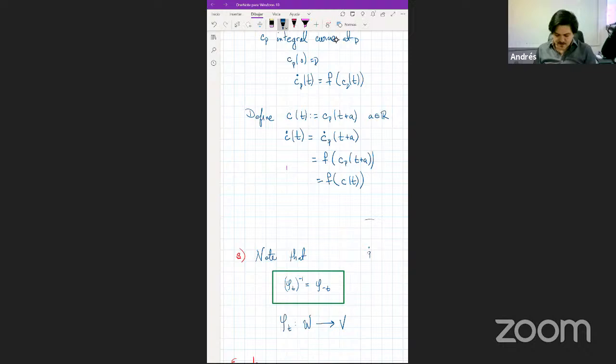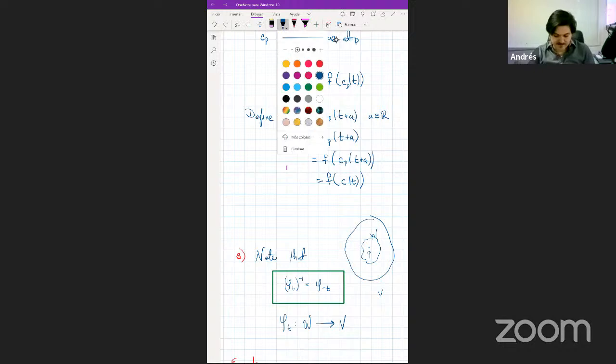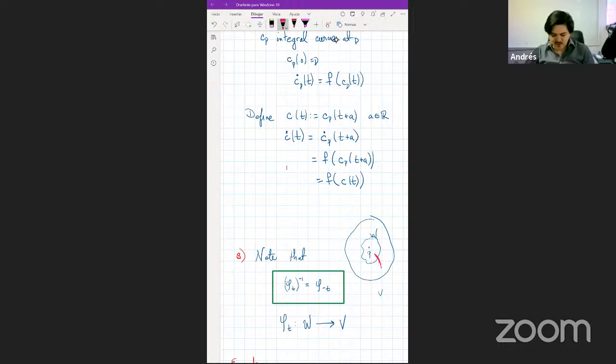So the theorem says you have an open set V, and then there exists an open set W about P. When you flow, you might get out of W, but you always lie in V. So what I want to stress is that we don't have the same domain and image.